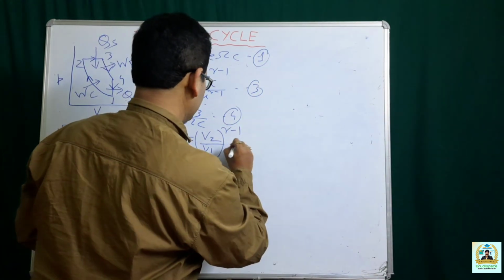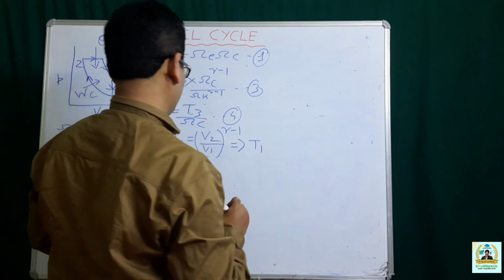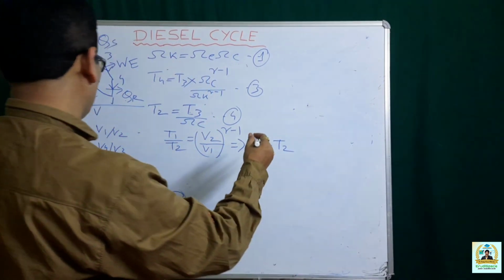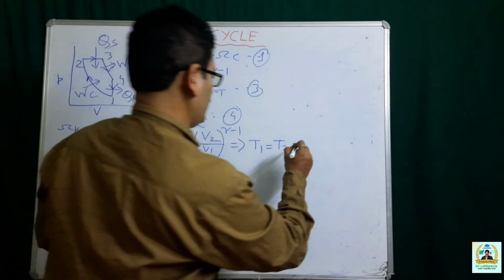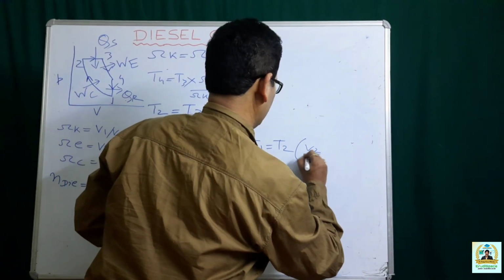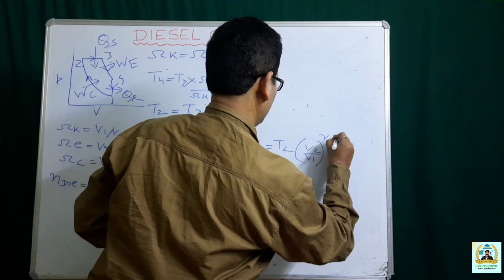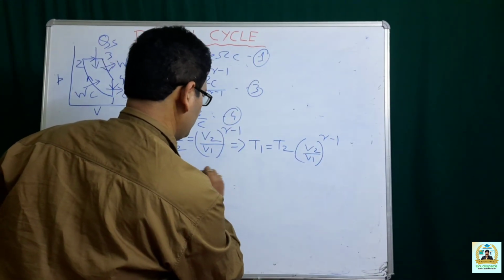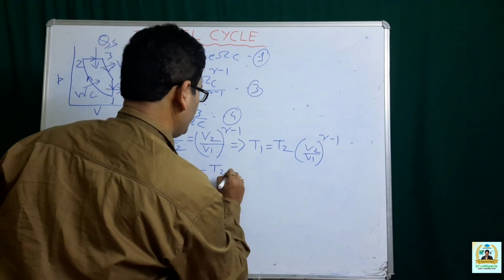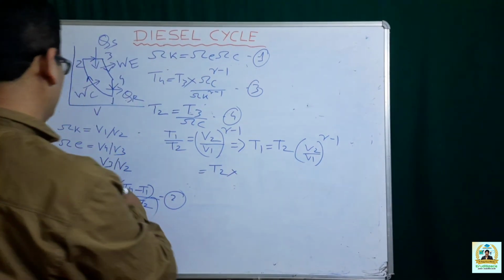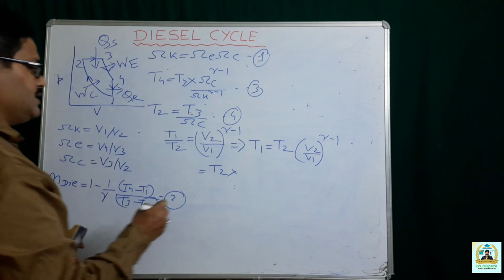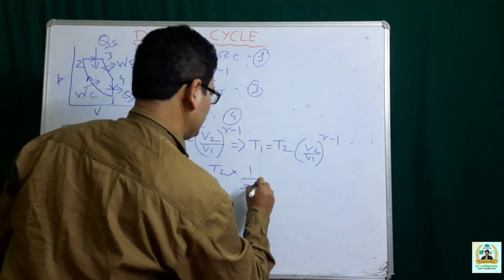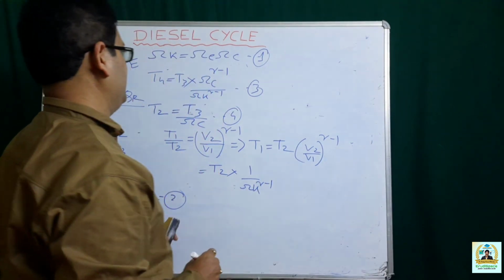And this implies T1 is equal to T2 into V2 by V1 to the power gamma minus 1. So that is equal to T2 into V2 by V1, which is 1 upon Rk, to the power gamma minus 1.